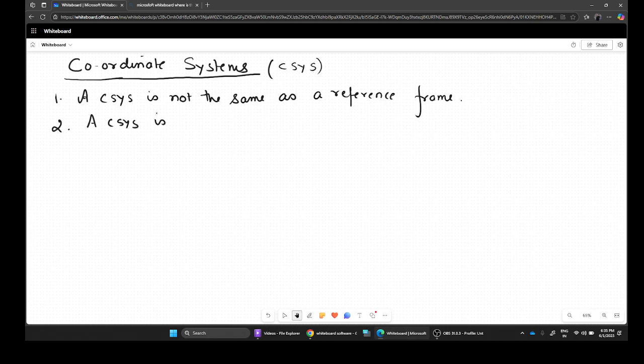I will write a few more statements with which I hope we will be able to understand what exactly a coordinate system is and what its utility is.